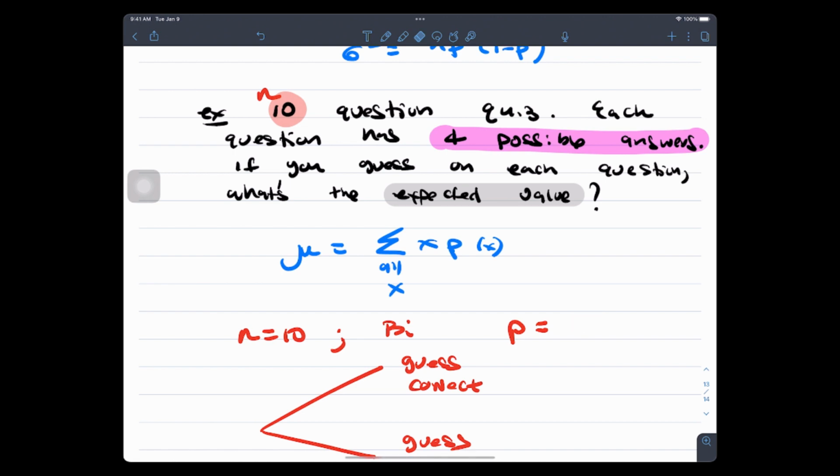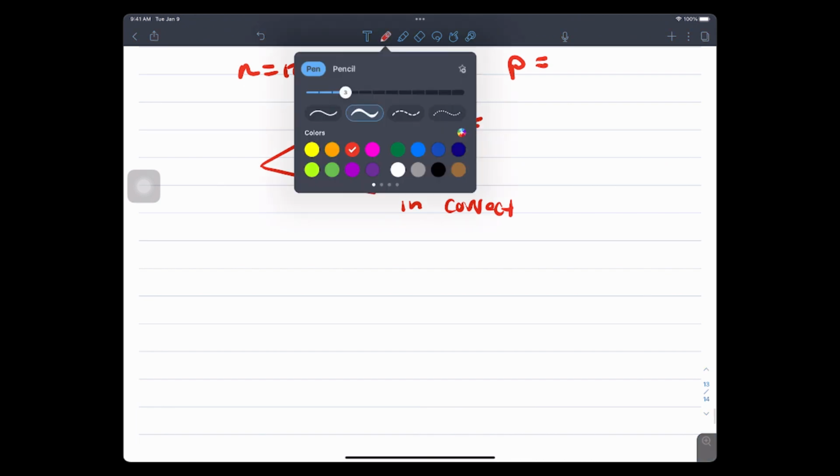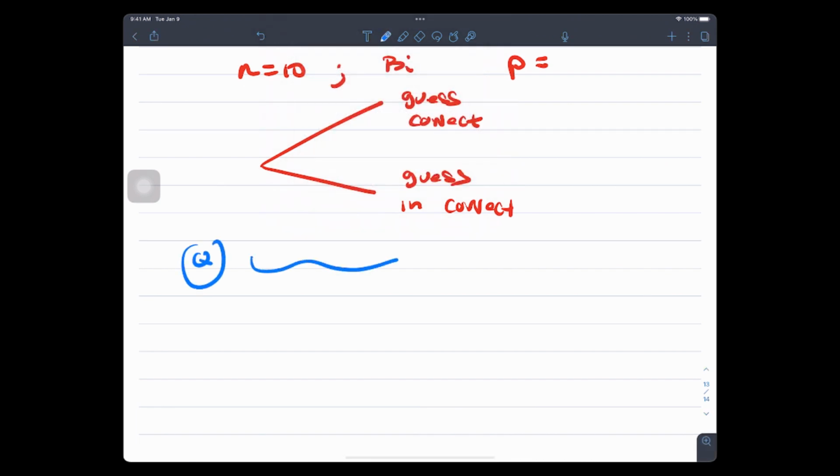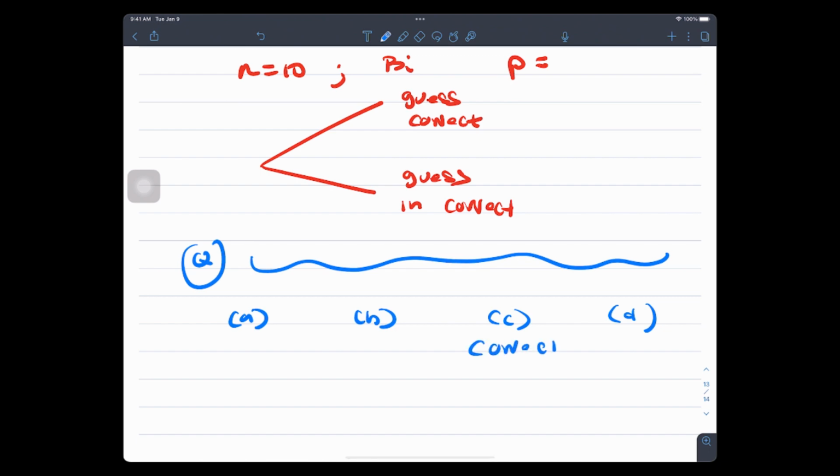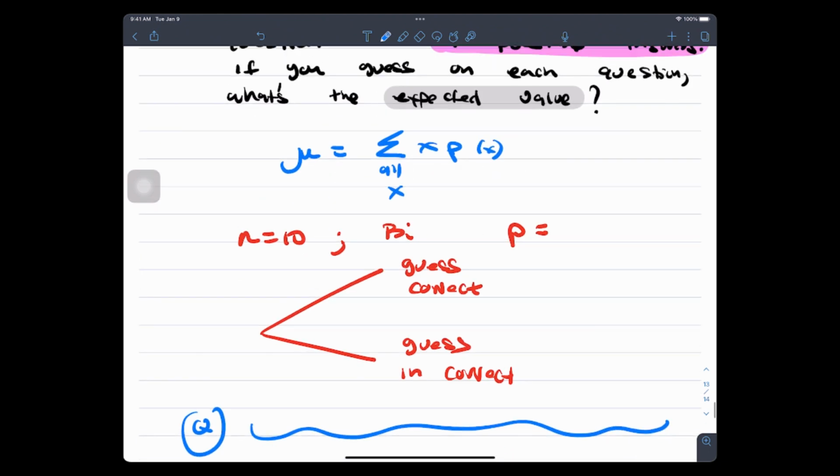You have a question with choices A, B, C, D. This is not 5 possible answers, this is 4. What's the probability you guess correct? Maybe C is correct. It's 1/4. There's 1 correct answer out of 4.